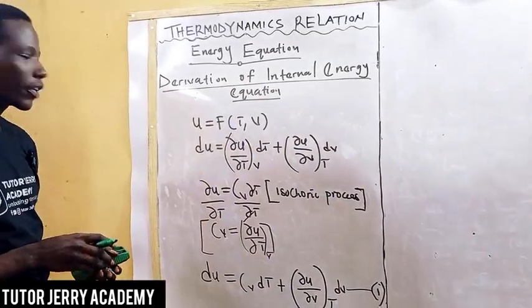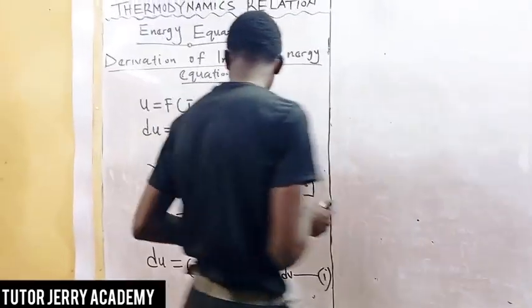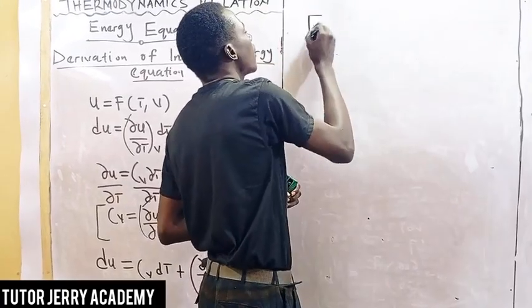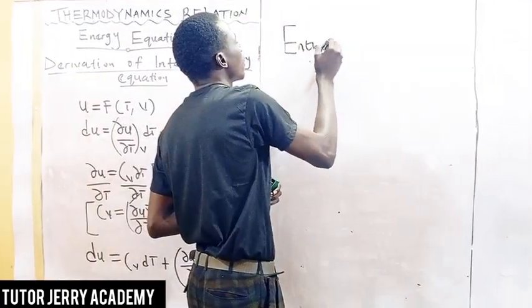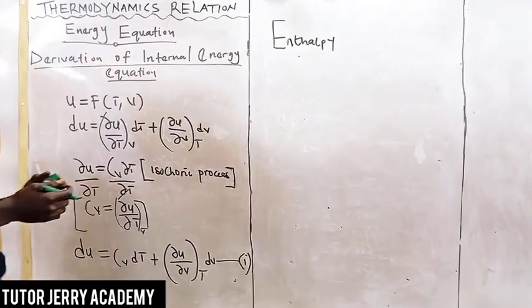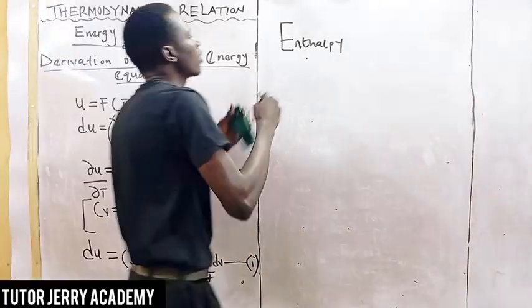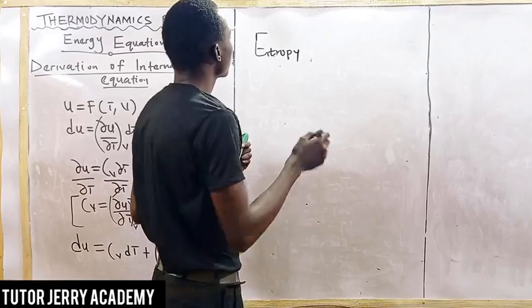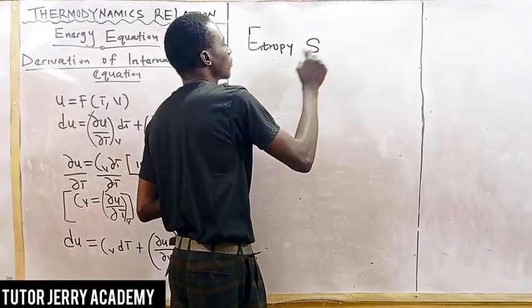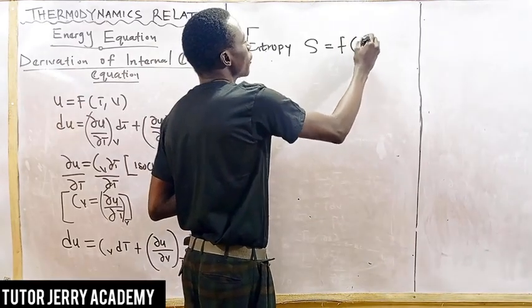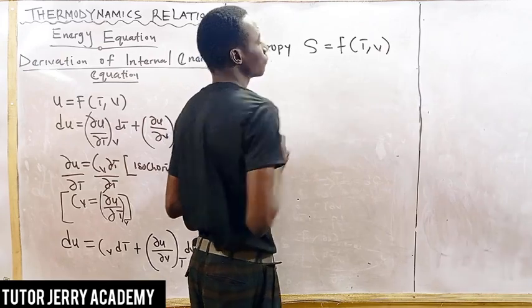But for further modification, we can simplify further by using entropy. Now we know that entropy, denoted by S, is a function of temperature and volume.